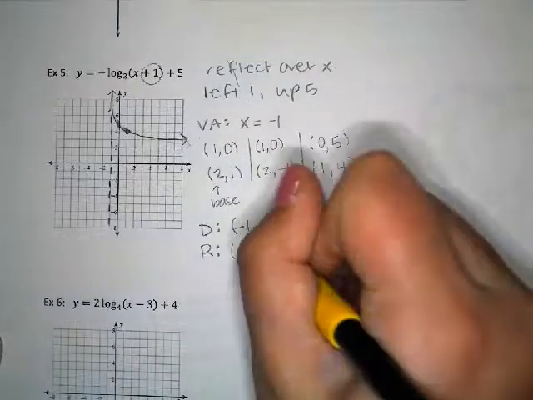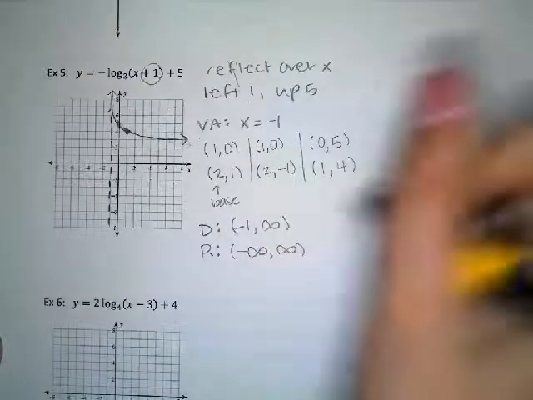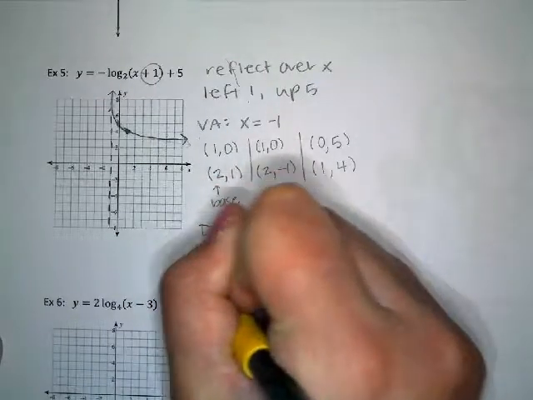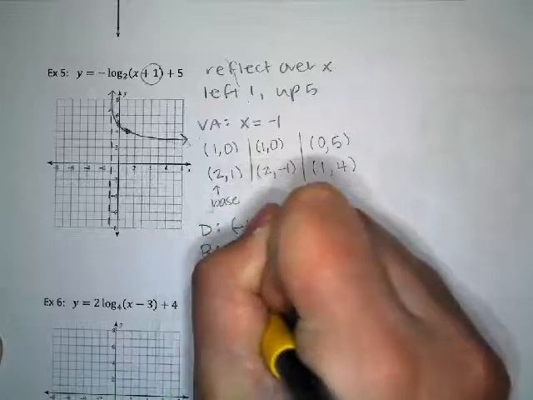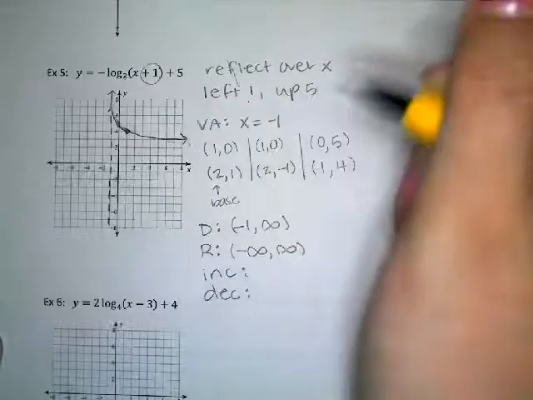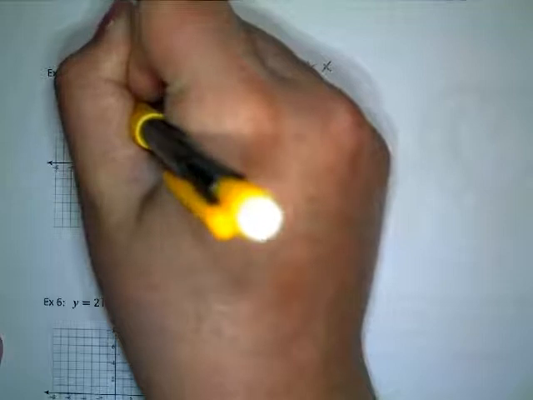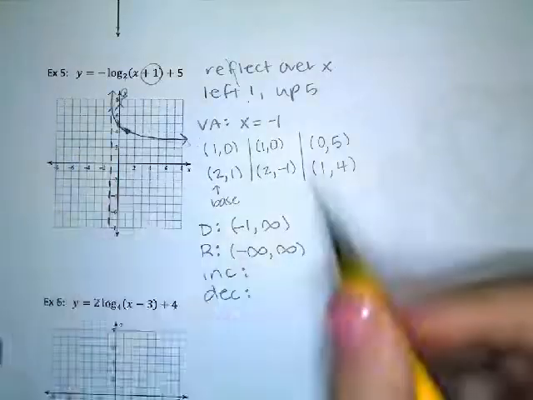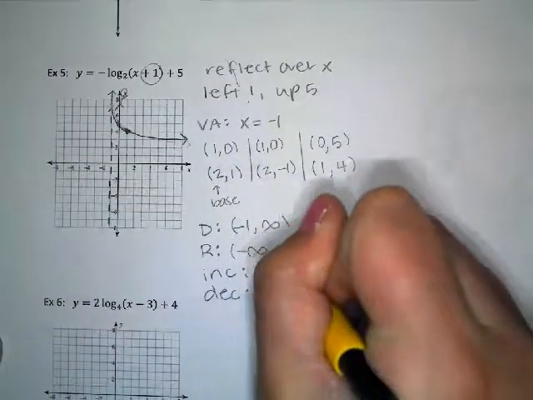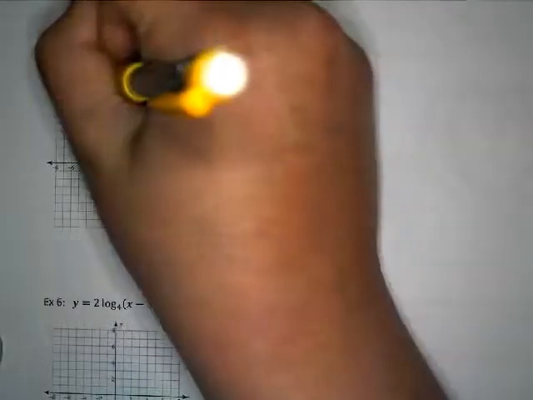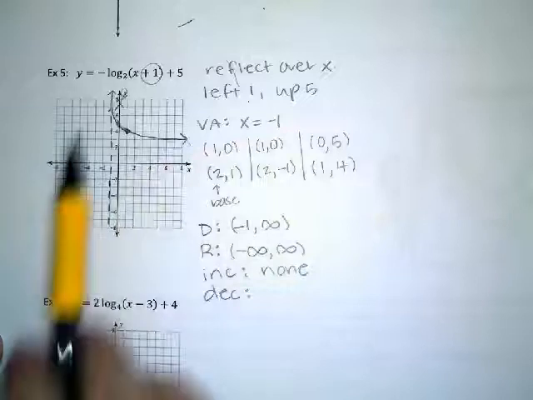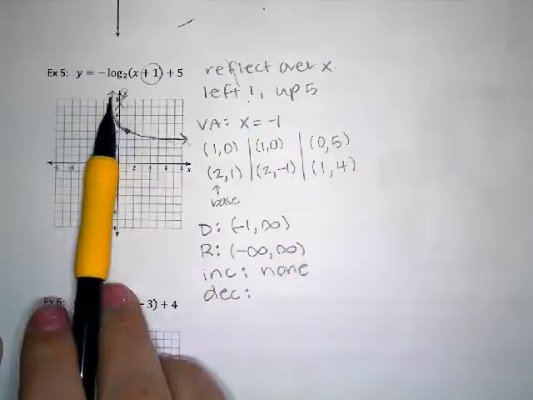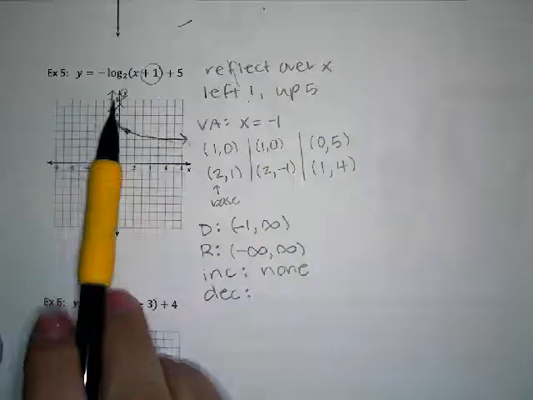Increasing and decreasing. Okay, so if we get a stick figure and we have them walking, it only decreases. So for increasing, I'm going to say none. And then what value does it start walking? Is it -infinity or -1? -1.